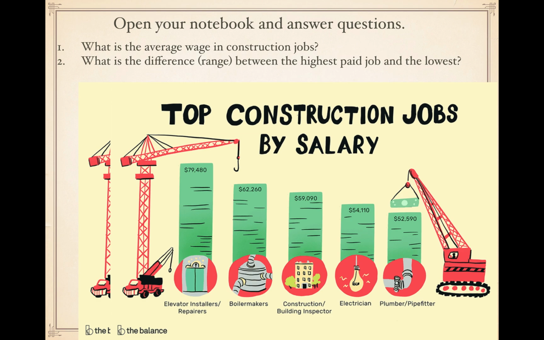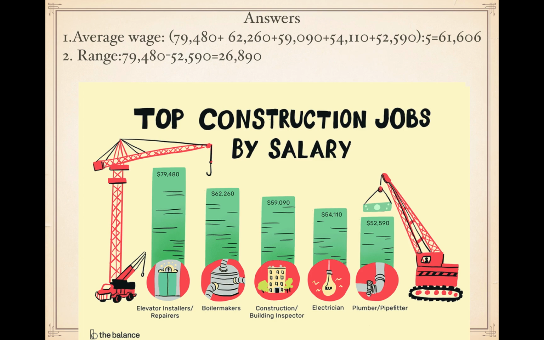So let's check the average. How do we find the average wage? So we add all of the numbers together and then divide it by 5 and we get 61,606. Okay, now this is the average wage in construction jobs, but you can also get the highest paid job, which is 79,480. Now the range between the jobs is the difference between the highest paid job and the lowest.